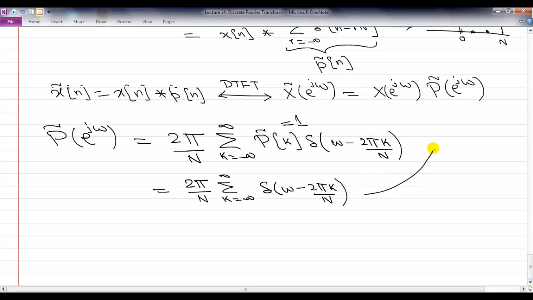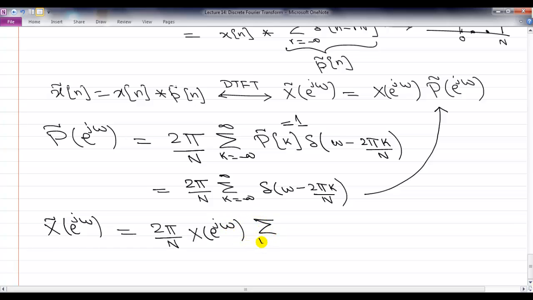Now we plug that in the above expression to get the discrete time Fourier transform of x tilde n. We get X tilde of e to the j omega equals 2 pi over N times X of e to the j omega times the summation over k equal to minus infinity to infinity of delta of omega minus 2 pi k over N. Okay.